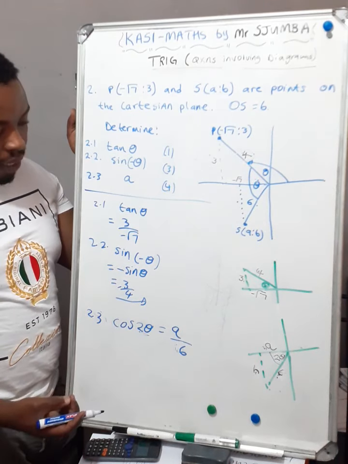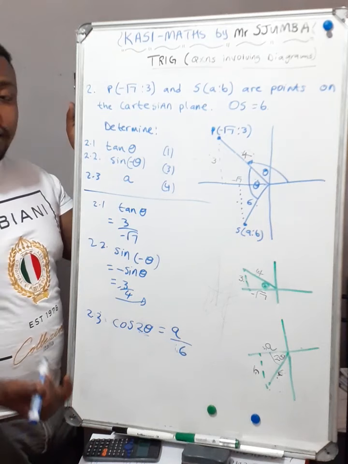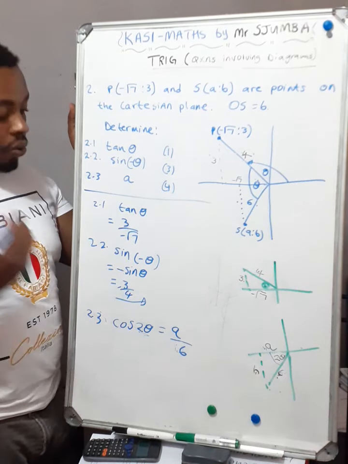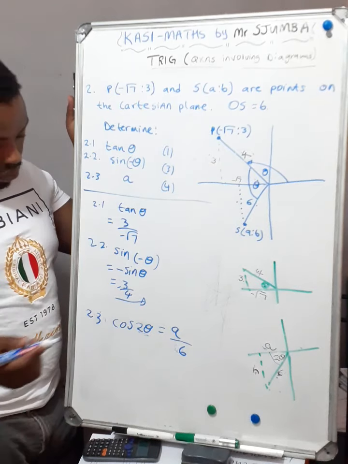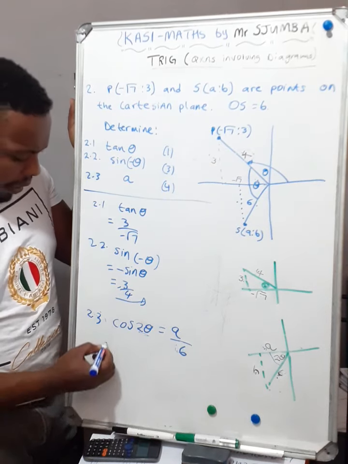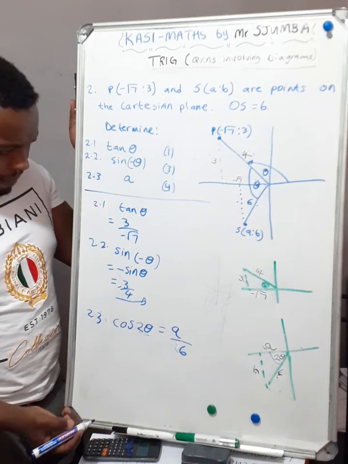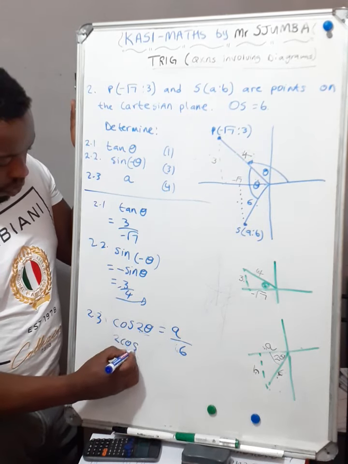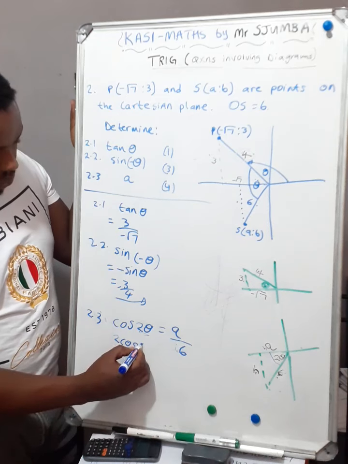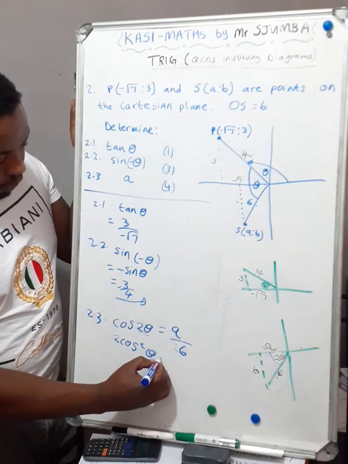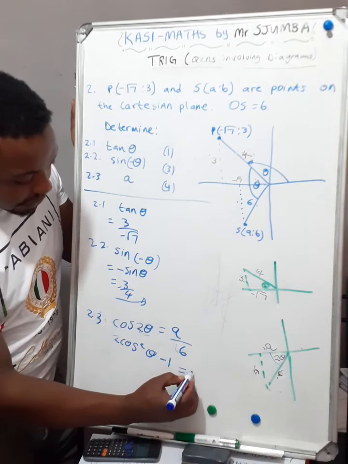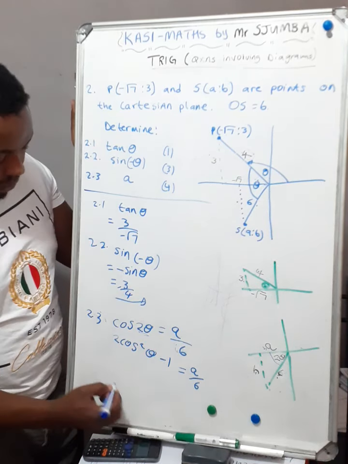So we can choose one of our double angle formulas: 1 minus 2 sine squared, or 2 cos squared minus 1, or cos squared. I can choose any, so choose 2 cos squared theta minus 1, which still equals a over 6.